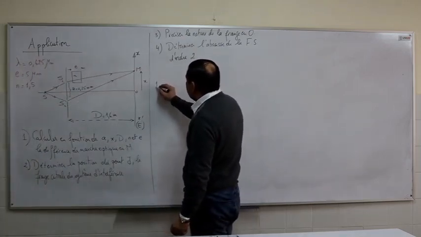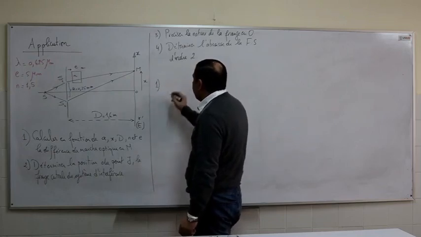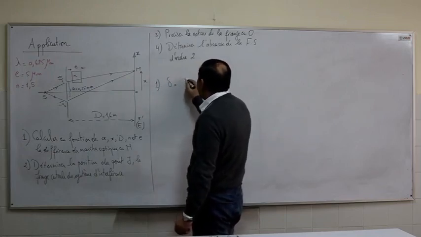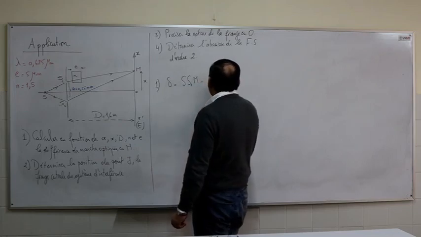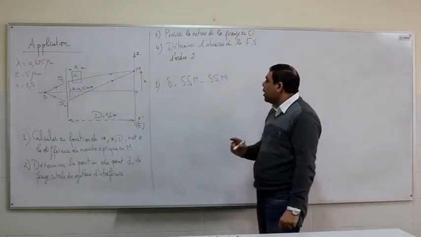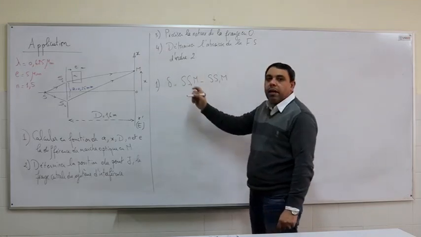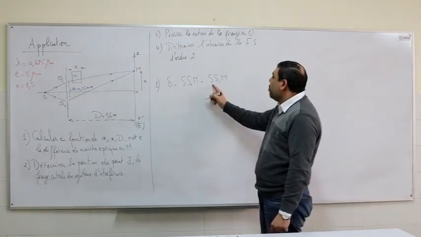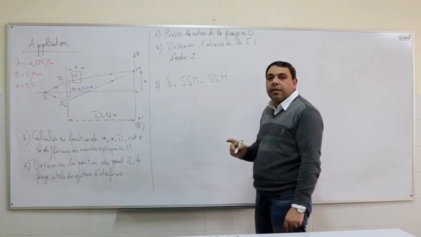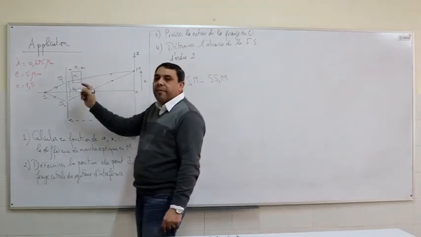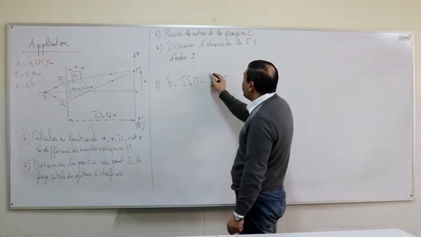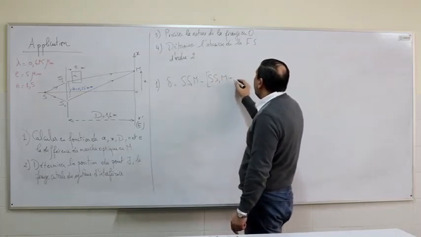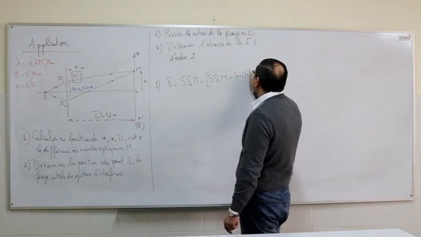The optical path difference is delta equals S S2 M minus S S1 M. Note that this is in air, but S S1 M traverses the parallel plate, so we have to do a certain correction. We add to this (n minus 1)e.